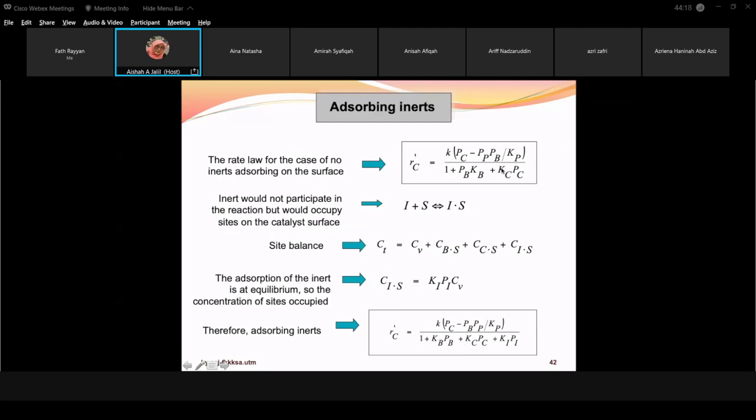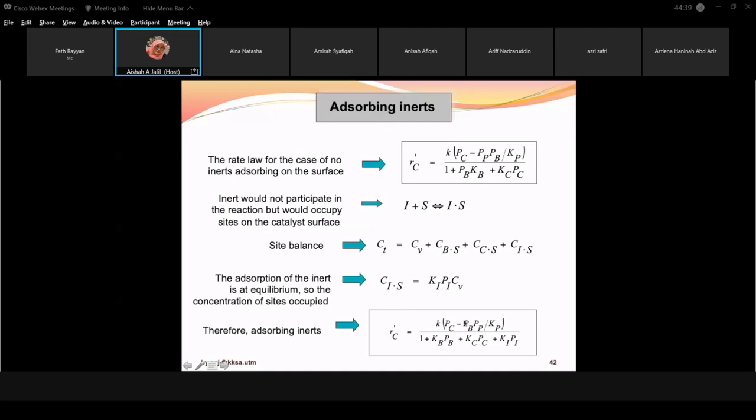This is with inert. This is without inert. What is the difference? You can see at the bottom, if inert is present, you have the K_I P_I here, but this is no inerts.